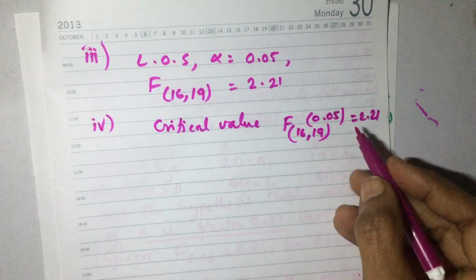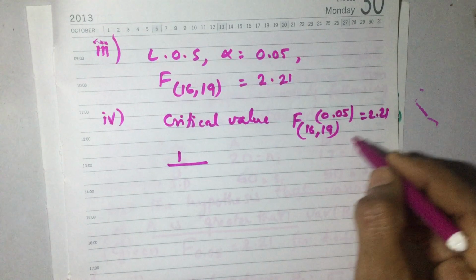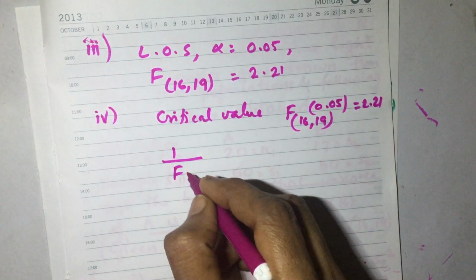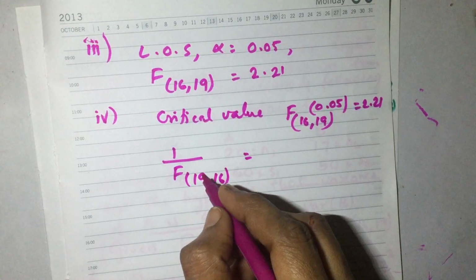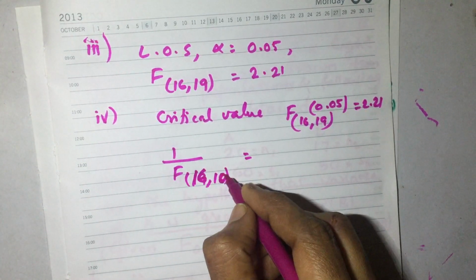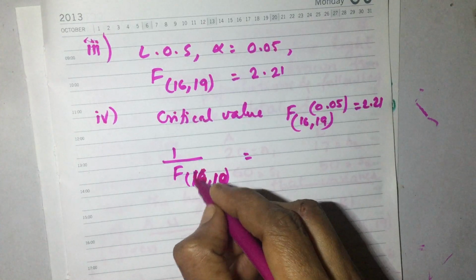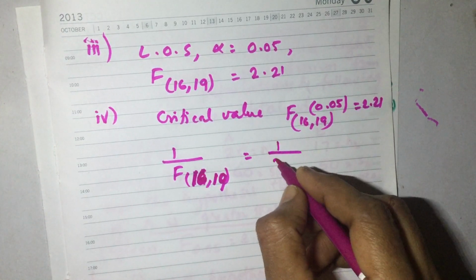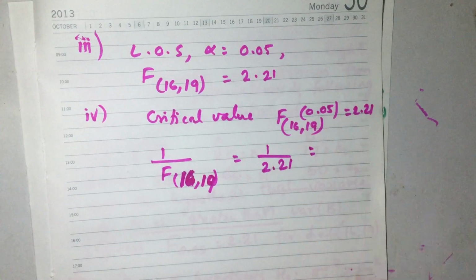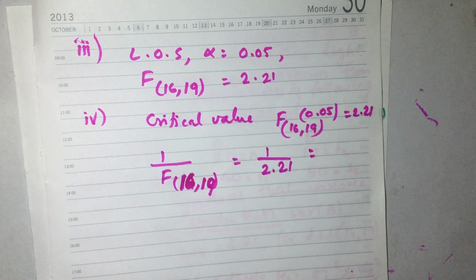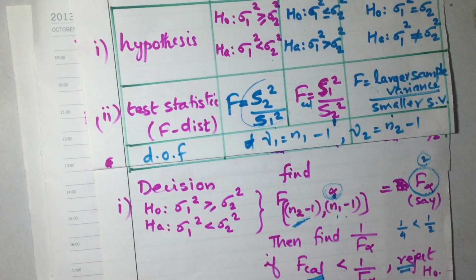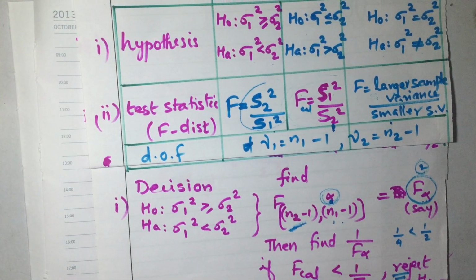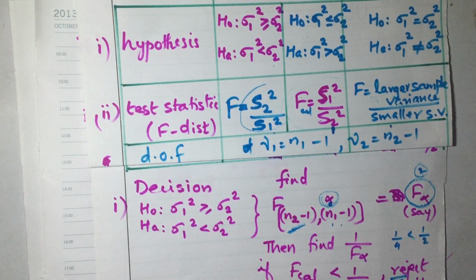So now what we do is, you have to find the reciprocal of this one. F 19, 16 will be 1 upon F 16, 19 only. We need to just find the reciprocal, that is 1 by 2.21. As we had already discussed, if it is sigma 1 square greater than or equal to sigma 2 square, then F of n2 minus 1, n1 minus 1 is given.